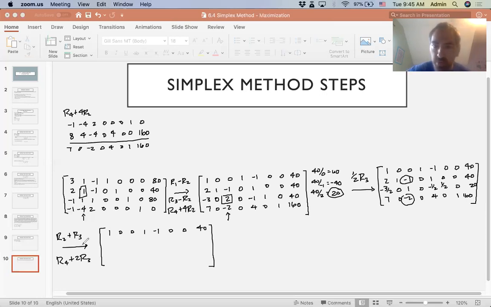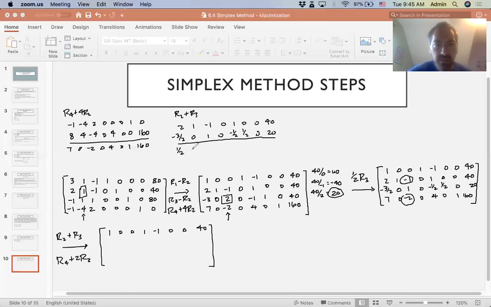So row 2 plus row 3. I'll write this out on the scratch area because it's so easy to make a mistake on these calculations. It's very beneficial to be organized, take your time, and make sure that you've got everything set up correctly.